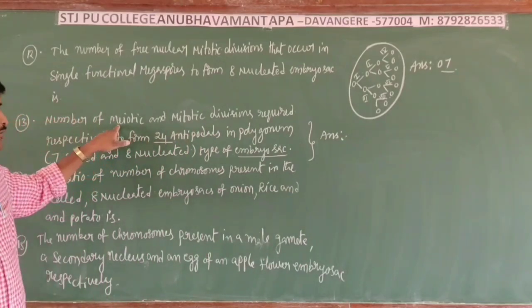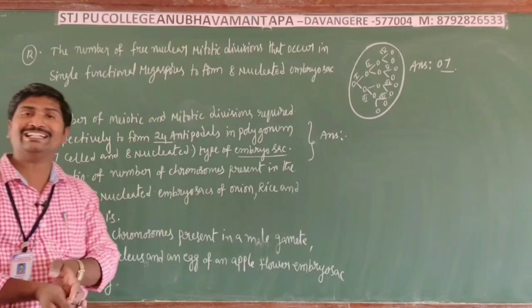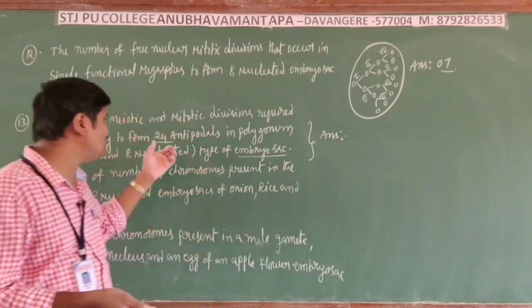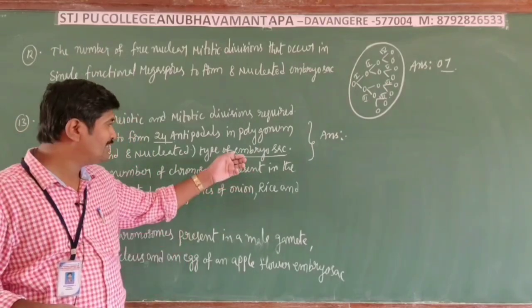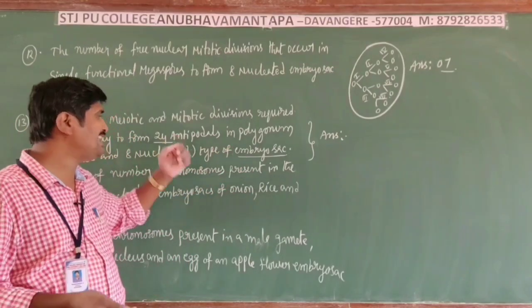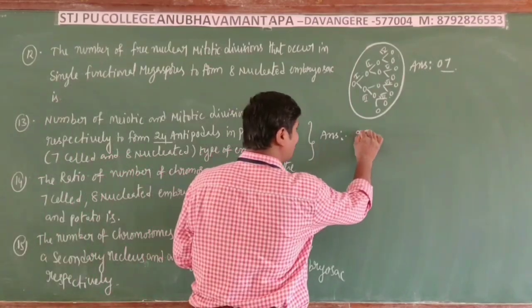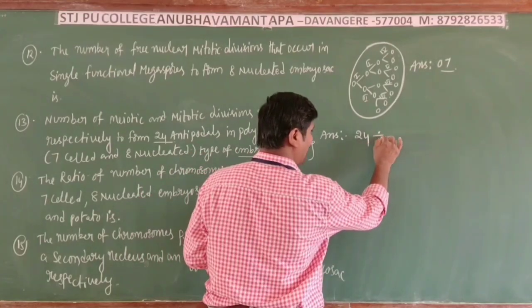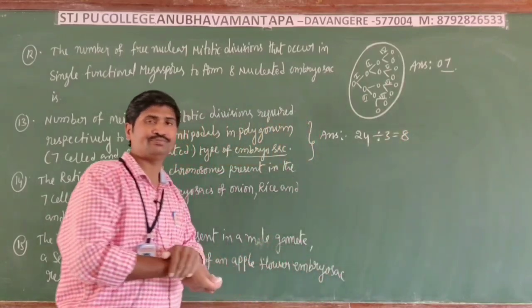In each embryo sac, how many antipodals are there? 3 antipodals. Each embryo sac contains a total of 3 antipodals. That's why 24 antipodals divided by 3 is total 8.